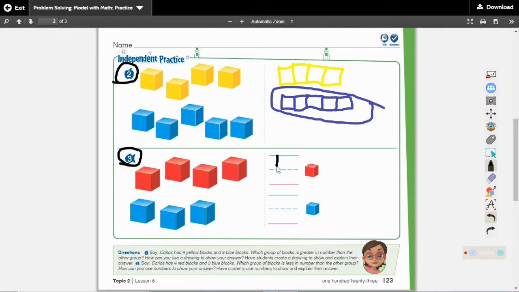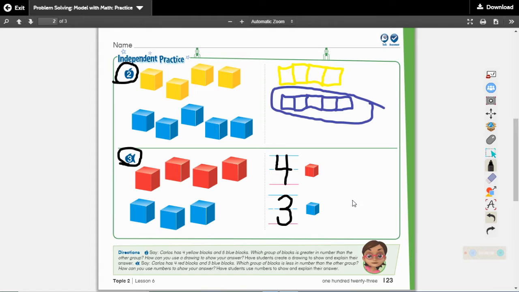It's a short line down, short line across, pick our pencil up, big line from the ceiling to the floor. That is how we write the number 4. How many blue blocks do we have? We have 3. Around the tree and around the tree.